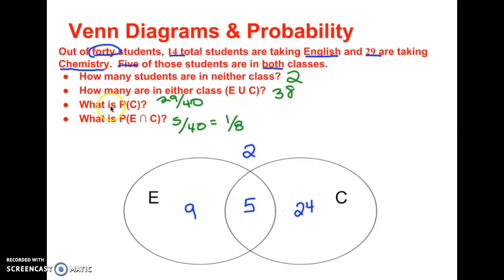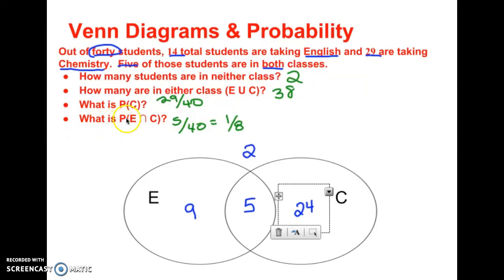This says, what is the probability of picking somebody that is in chemistry? Well, there are 29 students when I put these two together. There are 29 students out of the 40 students, so 29 out of 40. And again, it's just depending on how I'm asked to format that, either as a percent or a decimal.